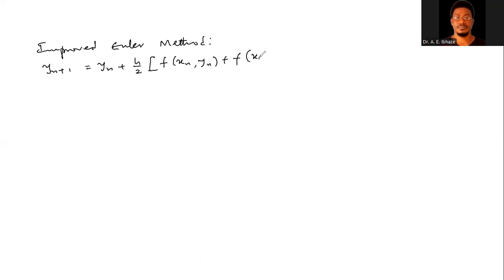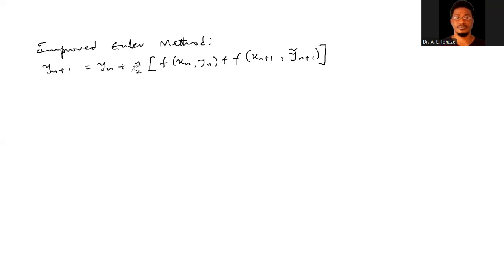The improved Euler method. Now, you also recall the formula y n plus 1 being the same as y sub n plus h over 2 times f of S n, y n plus f of S n plus 1, y bar n plus 1.